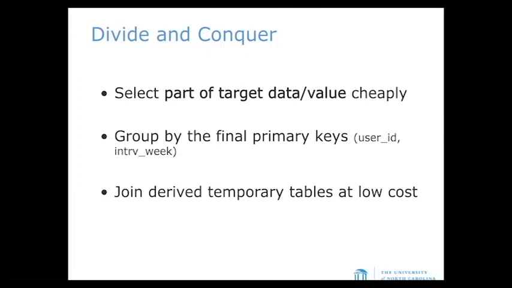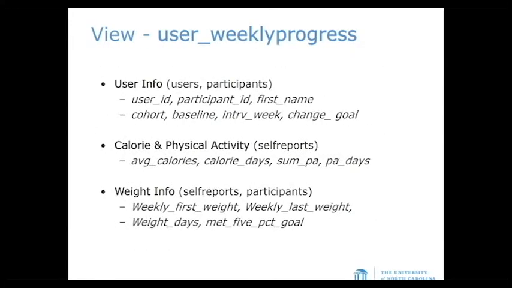Actually, the target values can be categorized into three categories. The first is user info, which can be retrieved from the user table and participants table. The calories and the physical activity values can be retrieved from the self-reports table.